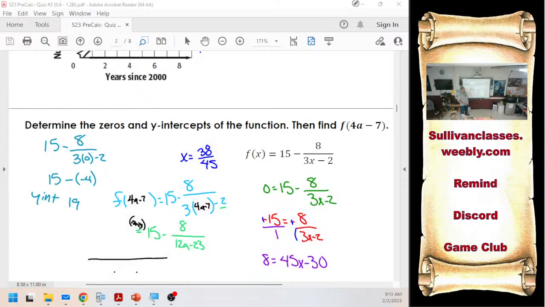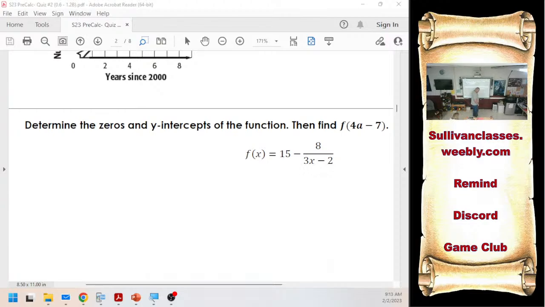This was x-intercept. Nope, just leave it in variable town. Is that f of x with that value? Yeah, I'm pressing the 4a minus 7 button. This is what comes out. Okay, so it's just like a, like where x is going in? Yeah. Okay.